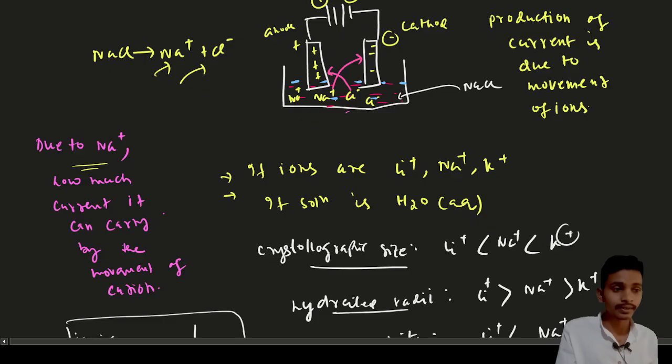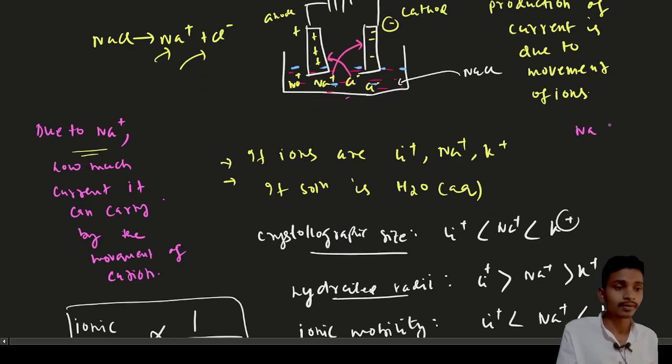Let's say Na+ ions: due to the movement of Na+ ions, how much current is carried? We express that as the current carried by Na+ upon the total current present.